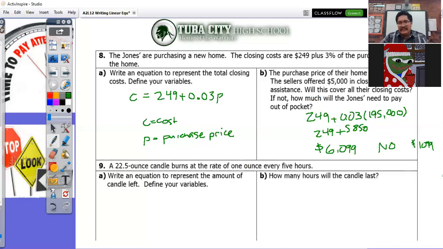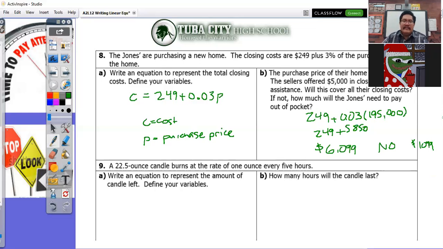This is kind of a tough question because I had to read it a couple of times, and even when writing it I had to really think about it. It says there is $5,000 that they're going to get off, like assistance someone might give them. So, like a discount.